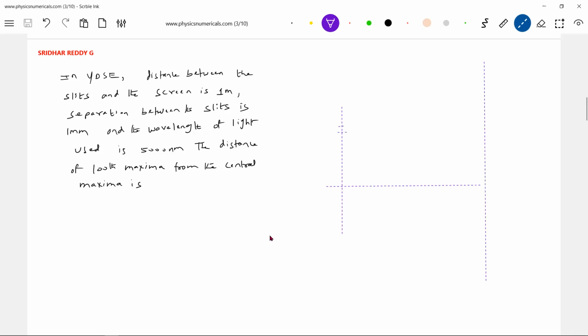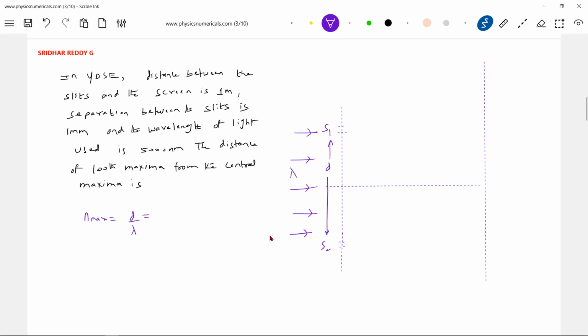Okay, these are the two slits. A monochromatic light of wavelength lambda will be incident. The distance, okay, we know all this one. So let's do one thing. Number of maximas we will calculate. That is d by lambda.